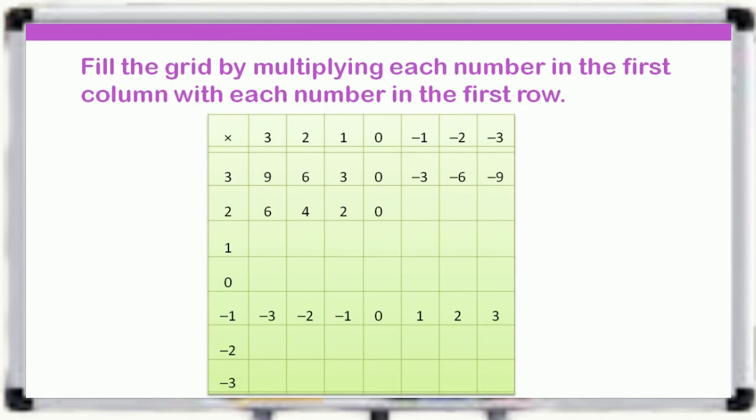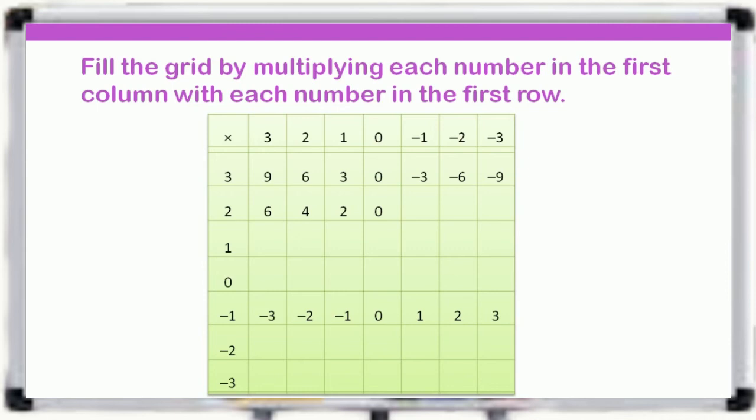So first we have to multiply a number in column and a number in row. 3 into 3 is equal to 9, already filled in the table. 3 into 2, 6, 3 into 1, 3, 3 into 0, 0. Now 3 into minus 1 is equal to minus 3, 3 into minus 2 is equal to minus 6, 3 into minus 3 is equal to minus 9.